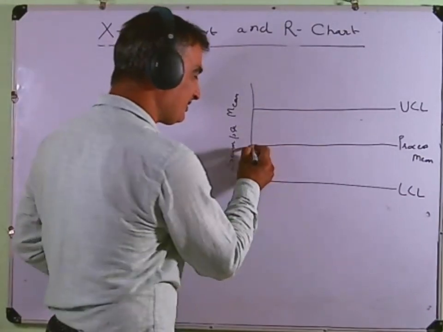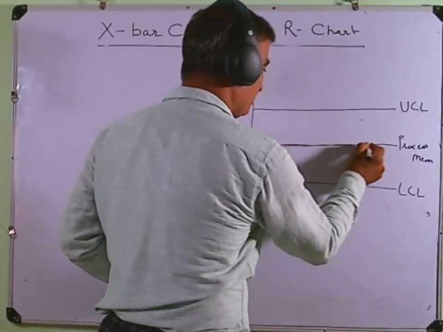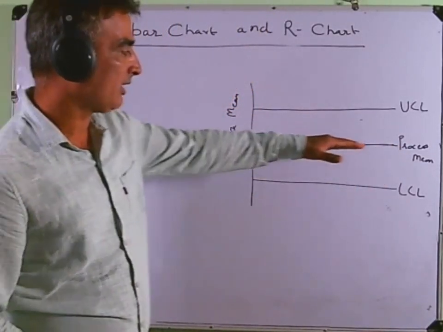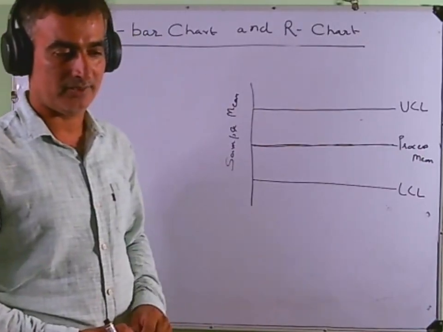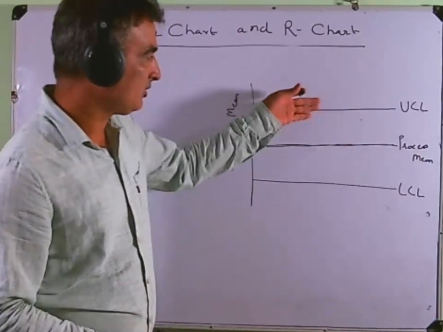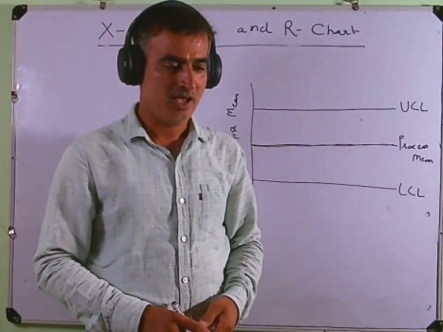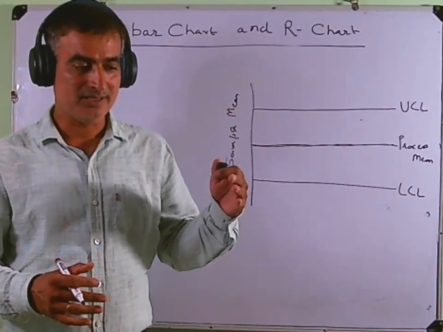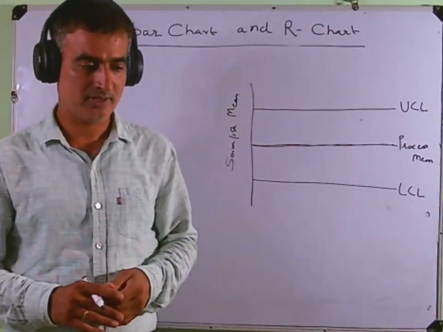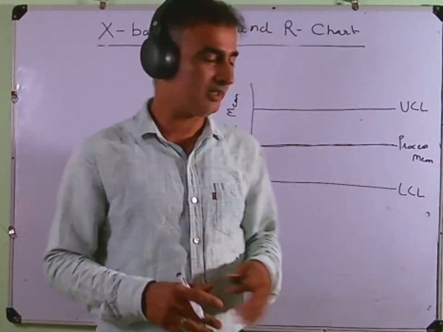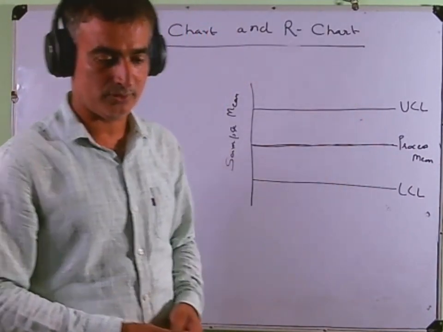So when the process is in control, the chart would be on the process mean line. The two lines, UCL and LCL, are important in determining whether the process is getting out of control or not.